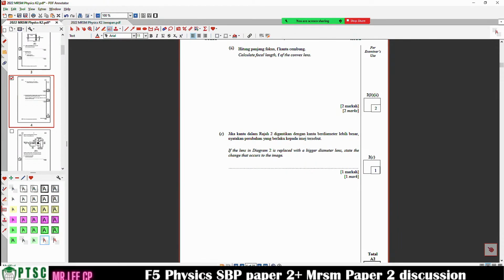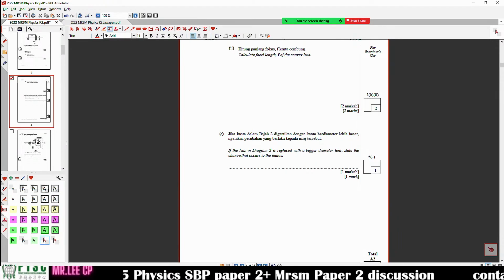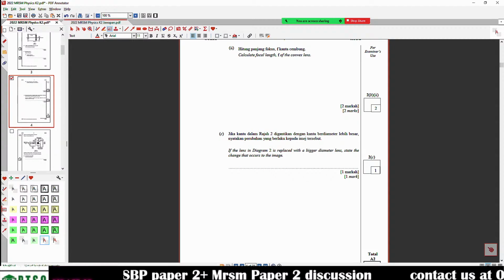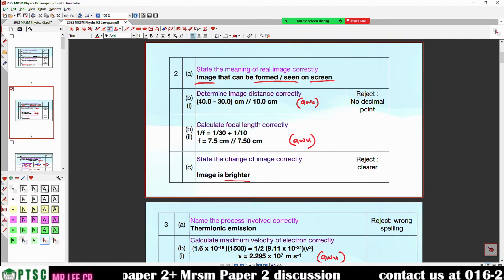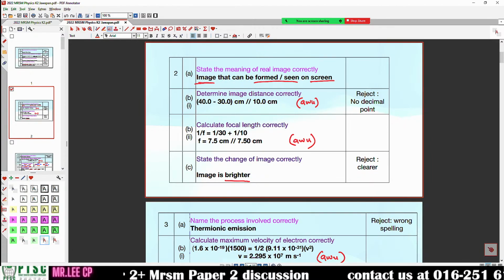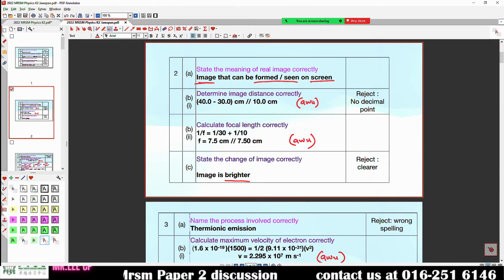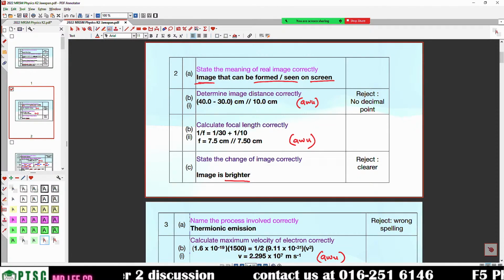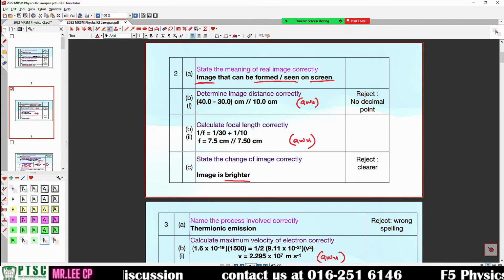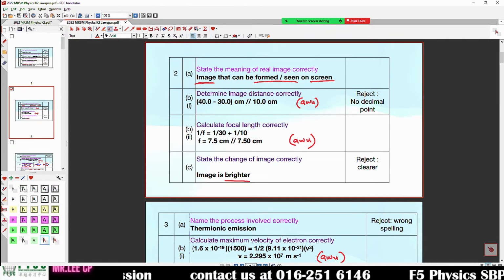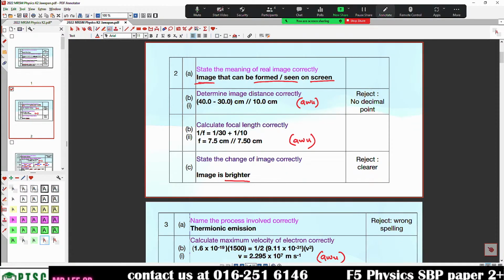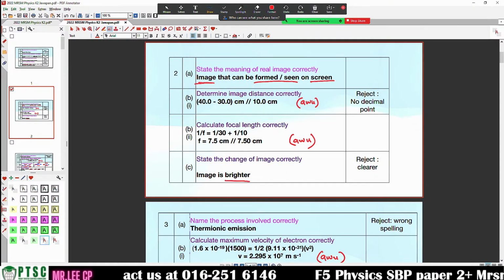If the lens in the diagram 2 is replaced with a bigger diameter lens, state the change that occurs to the image. So the image is brighter. Clearer, no. Most of you will write clearer, including me. Clearer image, but in fact, clearer also correct, but anyhow they don't want. So they want brighter. Why? What is meant by bigger diameter?